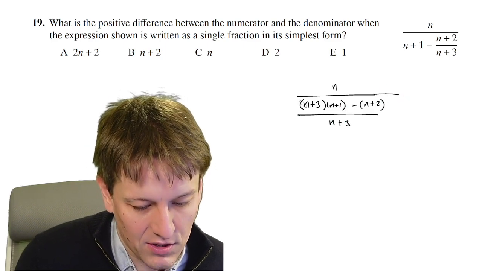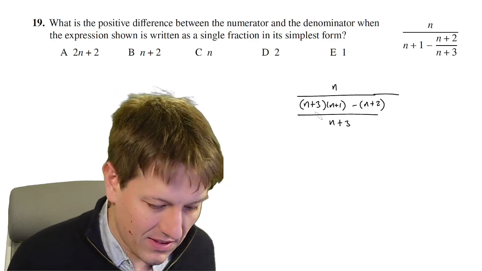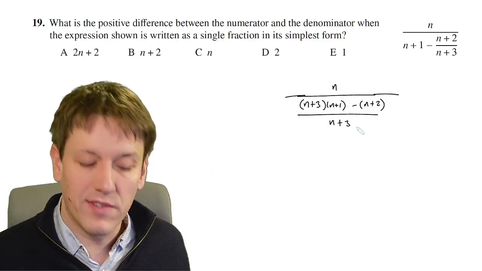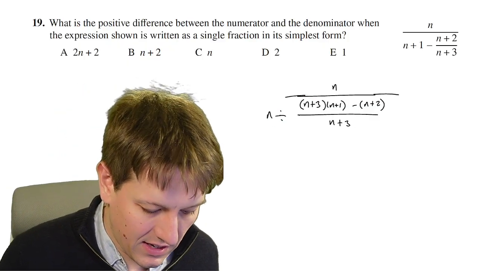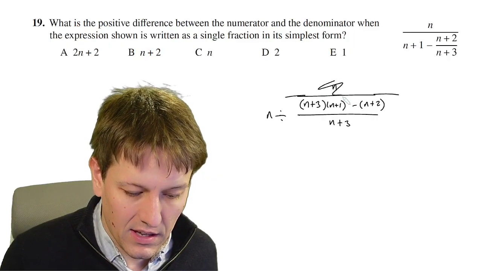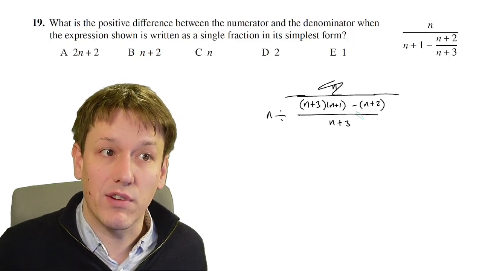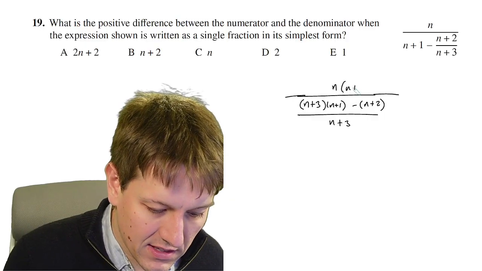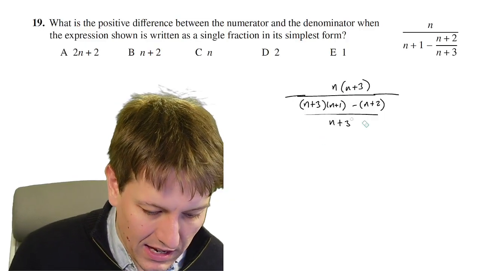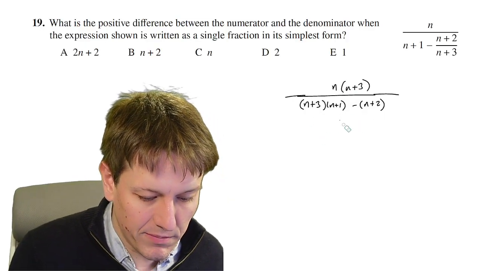Now I want to make sure this top fraction is definitely the main fraction here still. So if I divide by a fraction, right, I've effectively got n divided by all of this, then it's the same as turning the fraction upside down and multiplying. So actually I could just write n times n plus 3 here and get rid of the n plus 3 from the bottom.